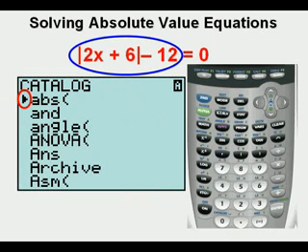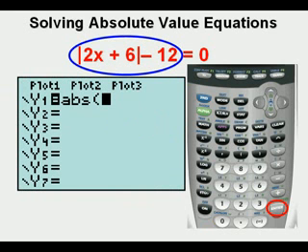Since the little triangle is already just to the left of ABS, we're exactly where we need to be. Now we press enter. We have just what we need. We have the absolute value operation opening the statement. Now we enter what's inside the absolute value brackets, then close parentheses, 2x plus 6.